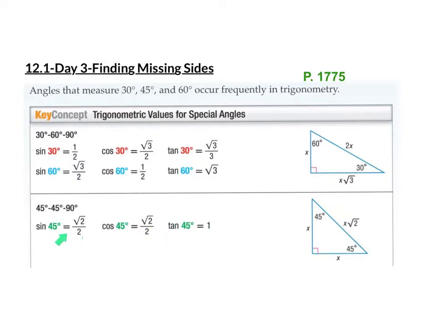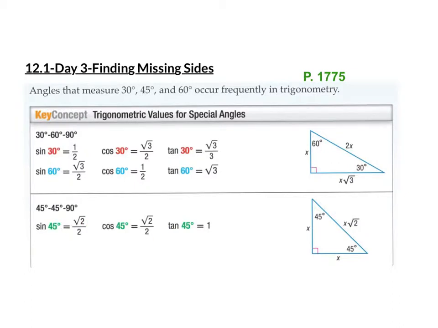What's interesting about this, if you notice, is that the sine and cosine of 45 are the same thing. The reason being is that if I look here, the opposite side is x, and the adjacent side is also x. Because the legs are the same length, that's why the cosine and the sine have the same value. Okay? And then opposite over adjacent are going to be those legs divided by each other. So it's important to know this relationship.